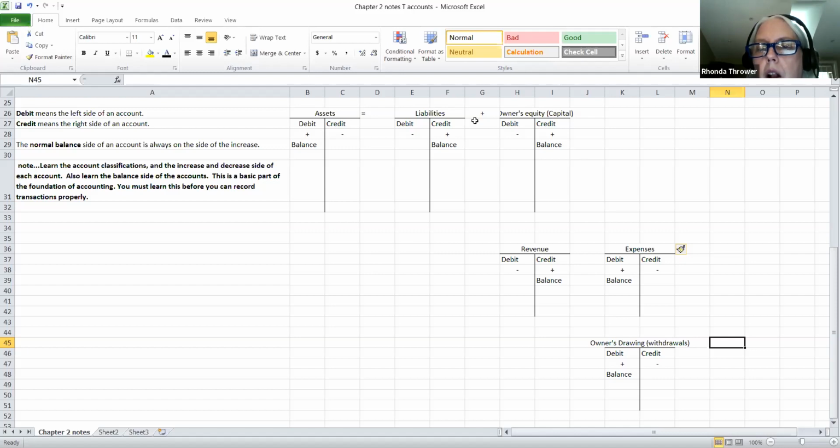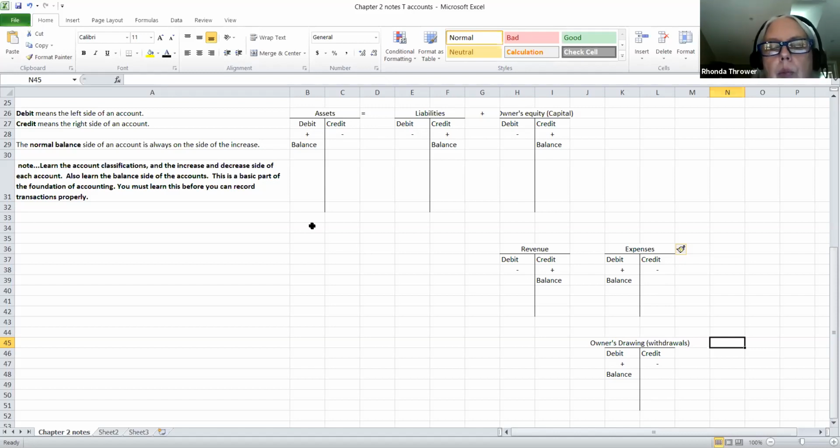Once you know all of the account classifications and the sides that they increase on, the opposite side will be the decrease side. So my assets increase on the debit side. The opposite side is the credit side. That's the decrease side. Liabilities increase on the credit side. The opposite side is the debit side. This is the decrease side. So the opposite side of the increase is the decrease side.